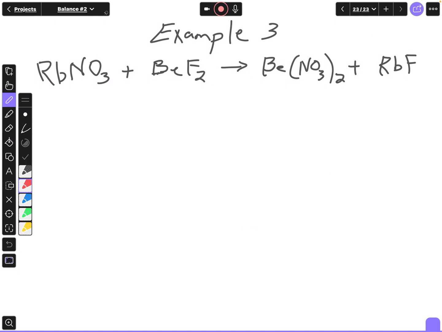Now if we look at one more example, I'm going to give you a chance to stop this video if you need to write these down, if I'm going too fast. Now this reaction says rubidium nitrate reacts with beryllium fluoride, BeF2, to produce beryllium nitrate plus rubidium fluoride.